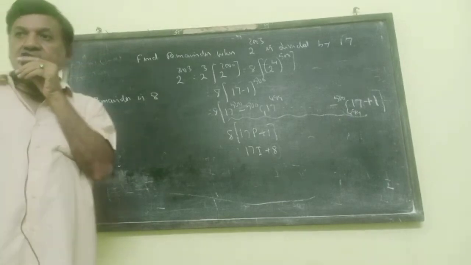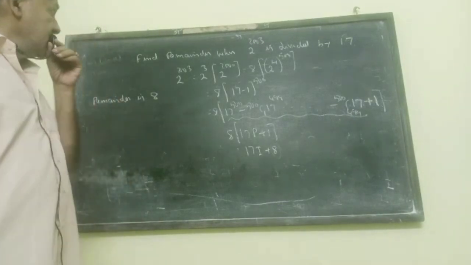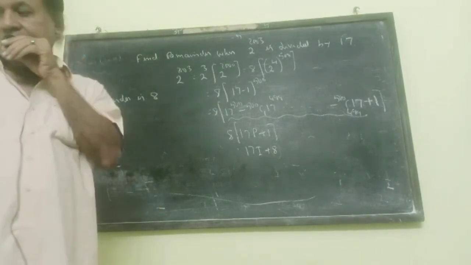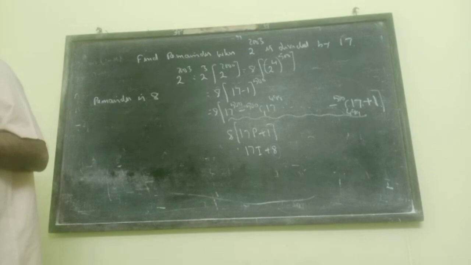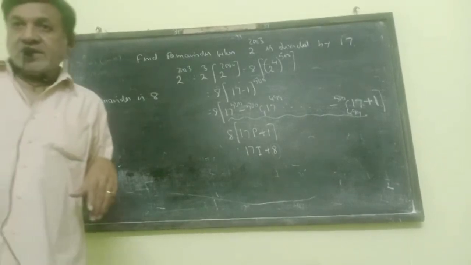So when you divide 2 power 2003 with 17, the remainder you are going to get will be 8. Yes, understood?